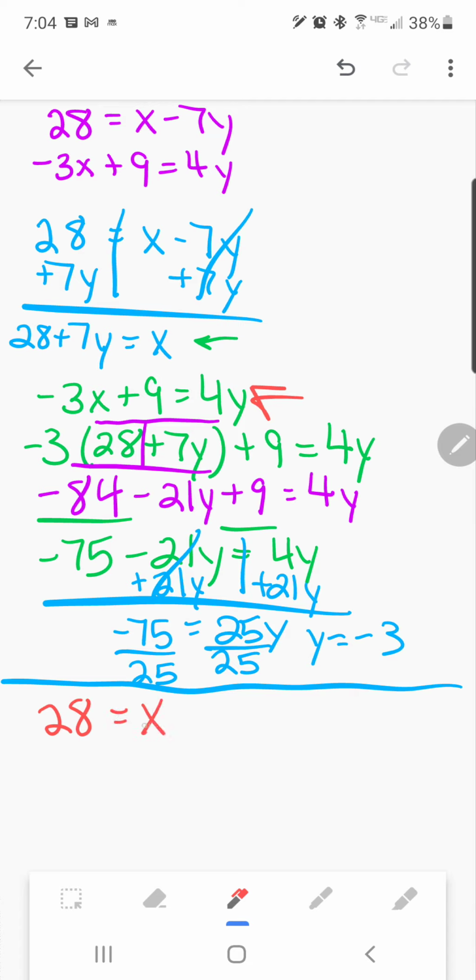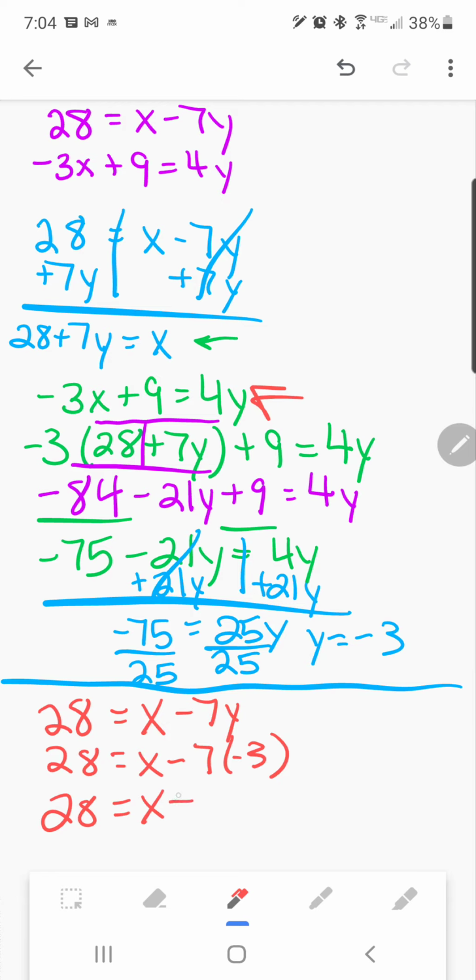So we get x minus 7y. Once we substitute the negative 3 in, we get x minus 7 times negative 3. That gives us x plus 21, because negative 7 times negative 3 would be 21.